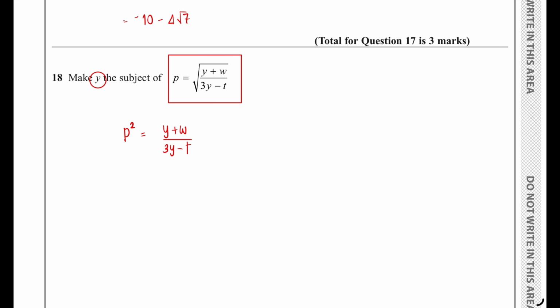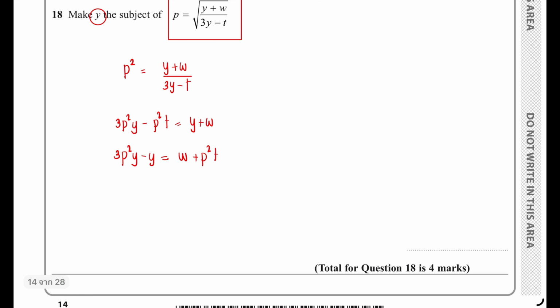So we will have 3p squared y minus p squared t equal to y plus w. Then I will move this y to the left hand side, which will become negative. And I will move this negative p squared t to the right, and it will become positive. So we will have 3p squared y minus y equal to w plus p squared t.